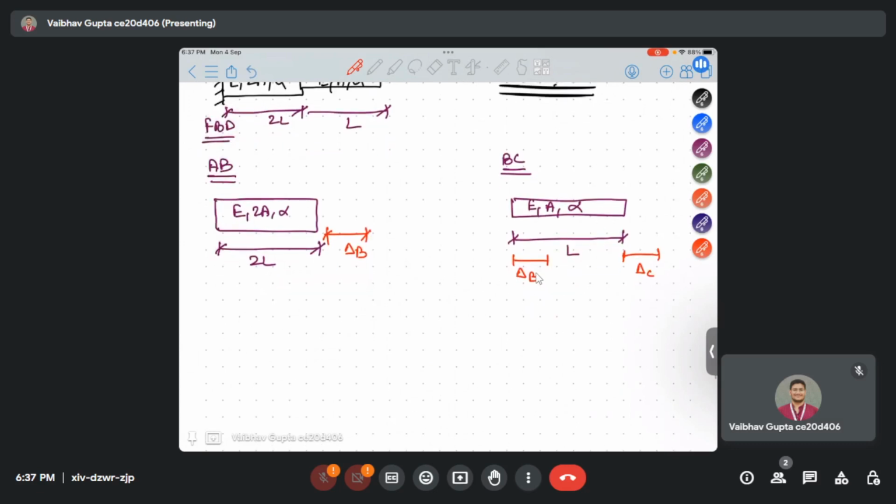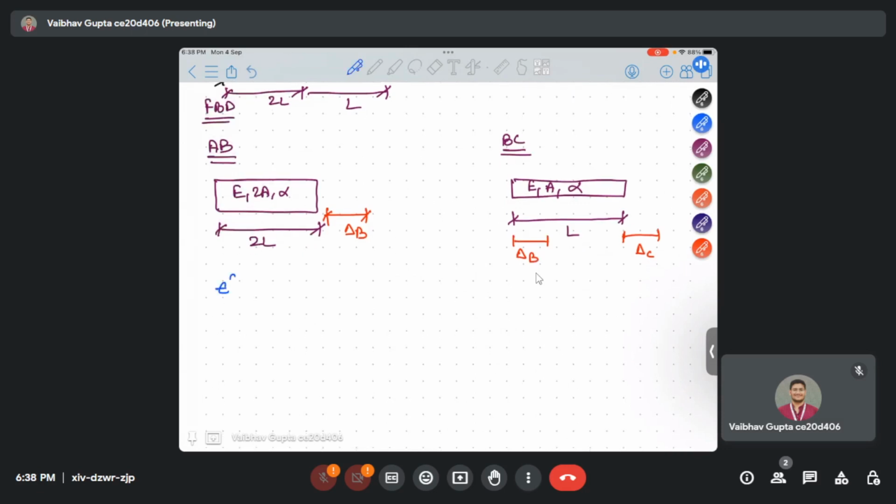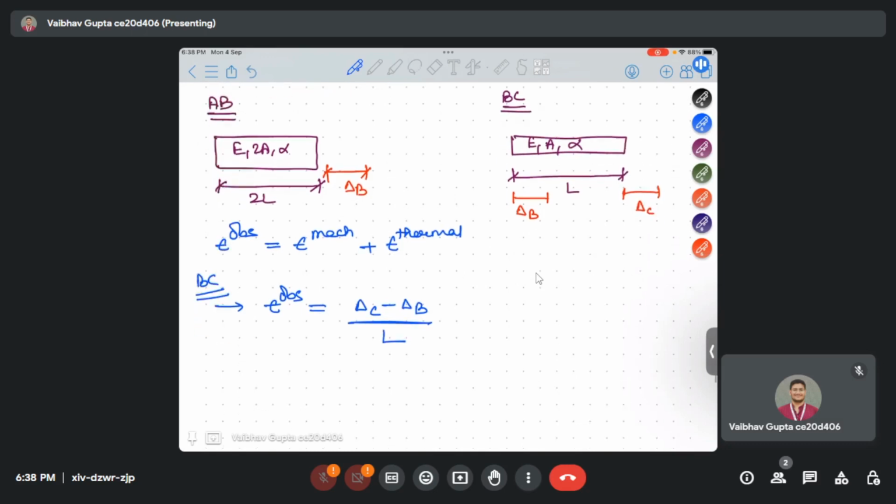Okay, so now we'll check one by one. Here, what we check is epsilon observed is nothing but epsilon mechanical plus epsilon thermal. So for BC, epsilon observed is nothing but the relative change in length, that is delta C minus delta B, by L, change in length by original length. This is observed, which is nothing but epsilon BC mechanical plus epsilon thermal.